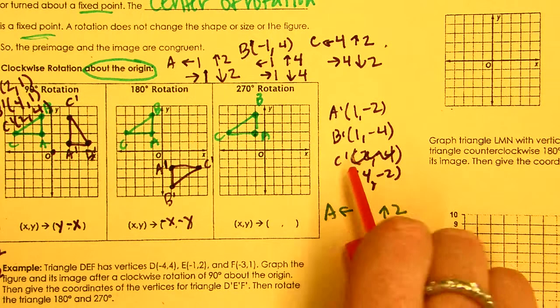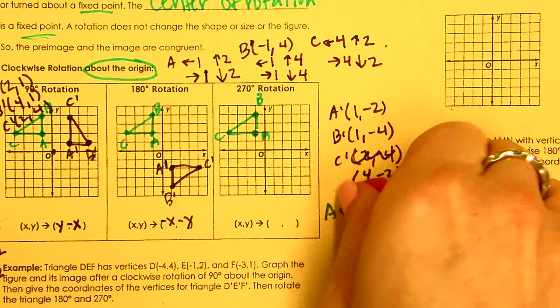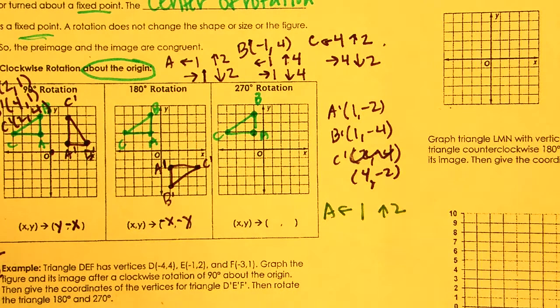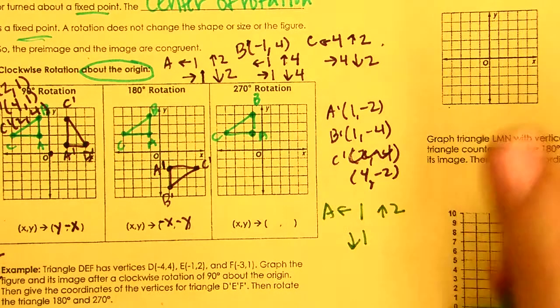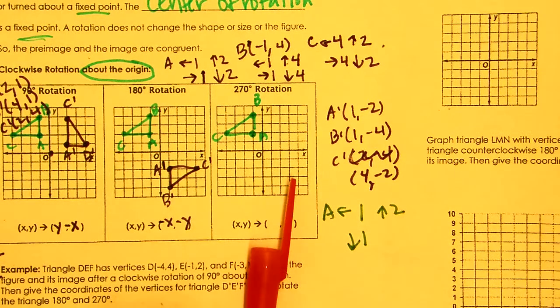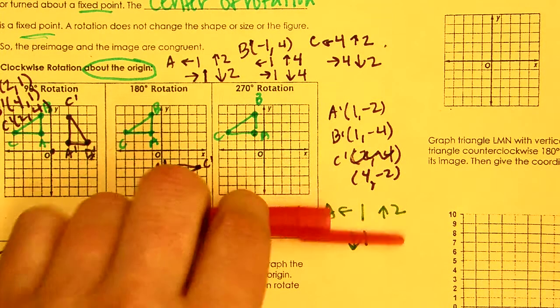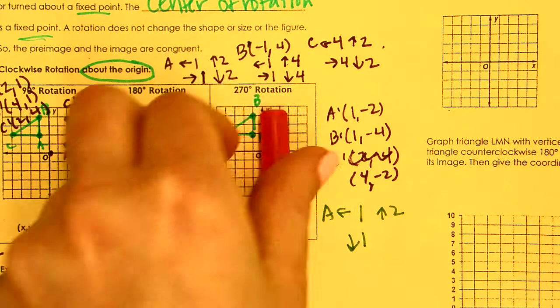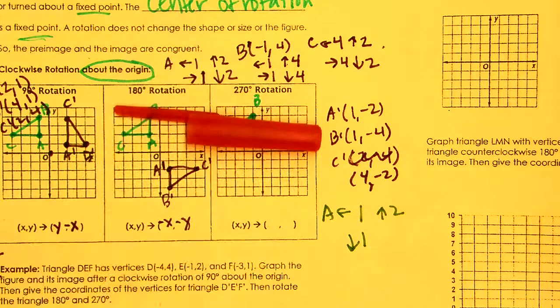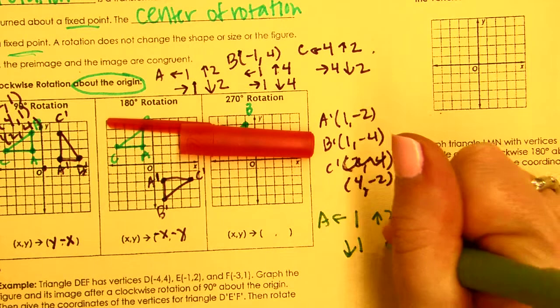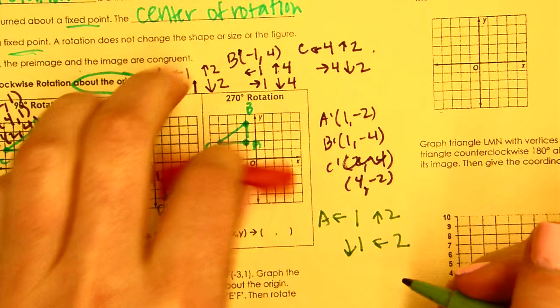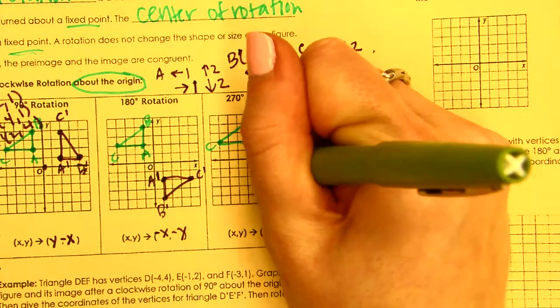There's 90, there's 180, there's 270. So it'd be pointing down, down 1. Then we have to do 270 from up. So it's going up 2, there's 90 degrees, 180 degrees, 270 degrees. So we're going to go to the left. So left 2. So A prime is down 1 to the left 2.